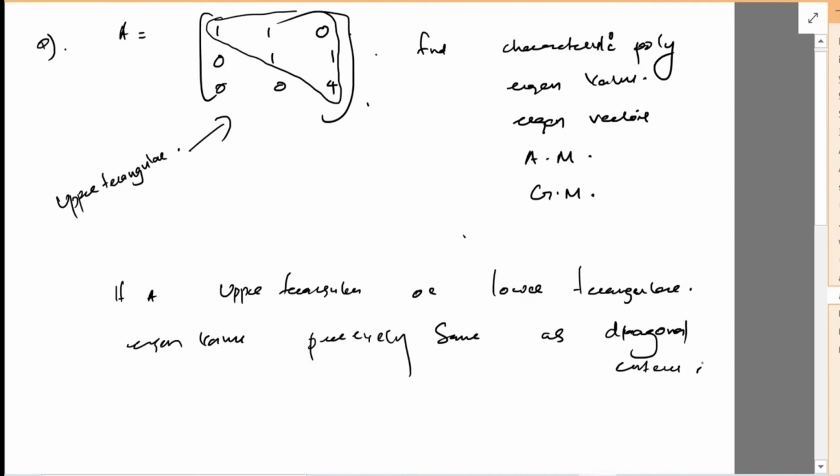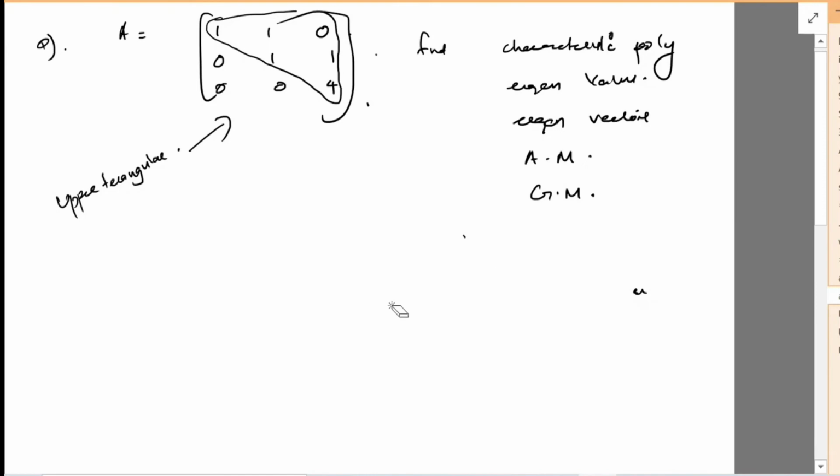So that is the result: if the given matrix is an upper triangular or lower triangular matrix, the eigenvalues are nothing but the diagonal entries of that matrix. So here in this example, it is an upper triangular matrix. What are the eigenvalues of this matrix?